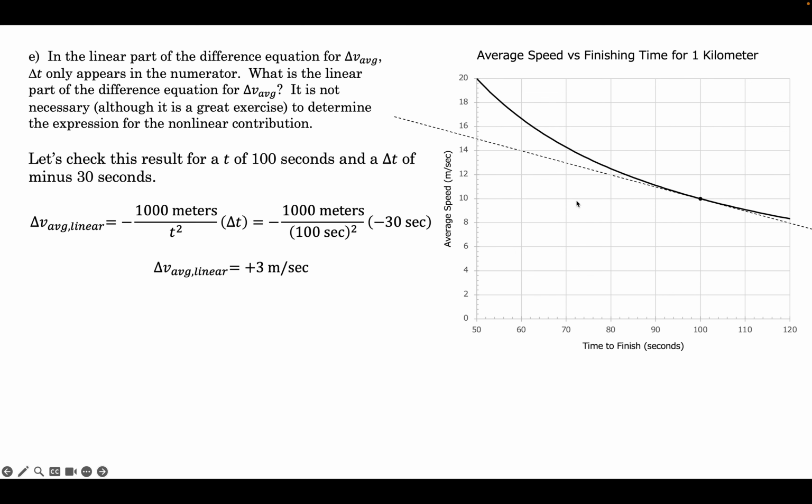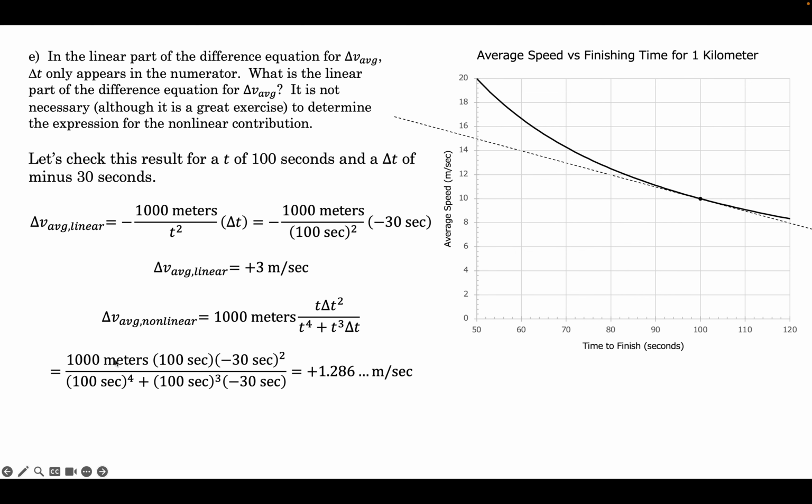And we can see we were at 10, we went up to about 13. That's the linear part, the part along the line. The nonlinear part, there's our equation, and we can substitute all the numbers in. Our delta t is minus 30, our t is 100, and we get 1.286.